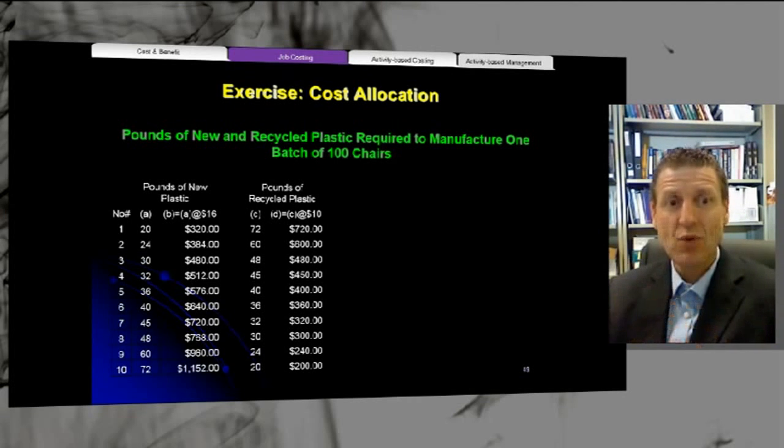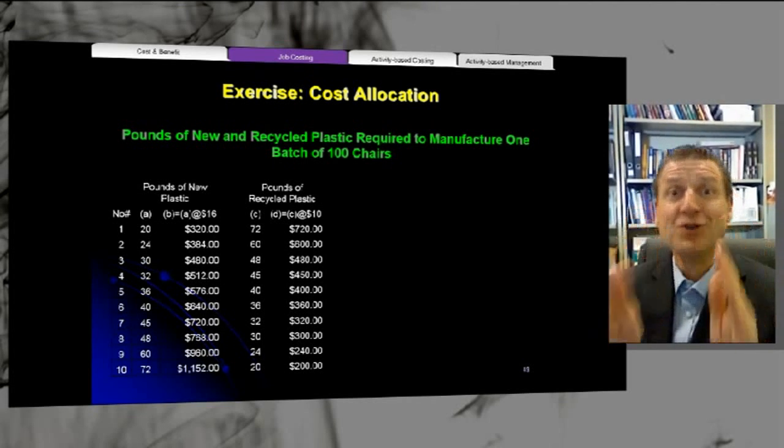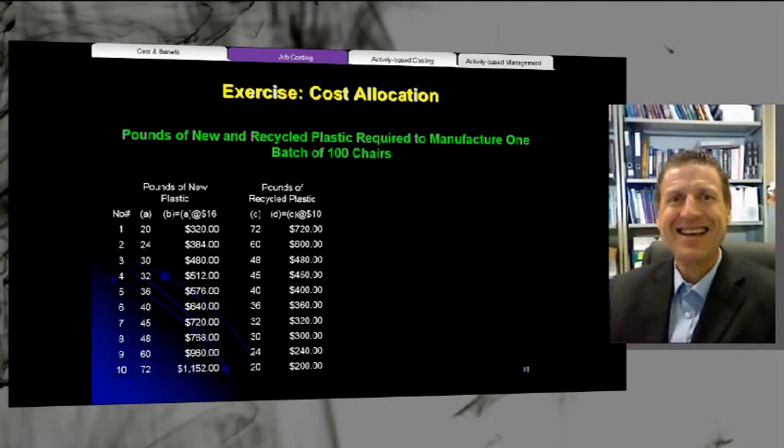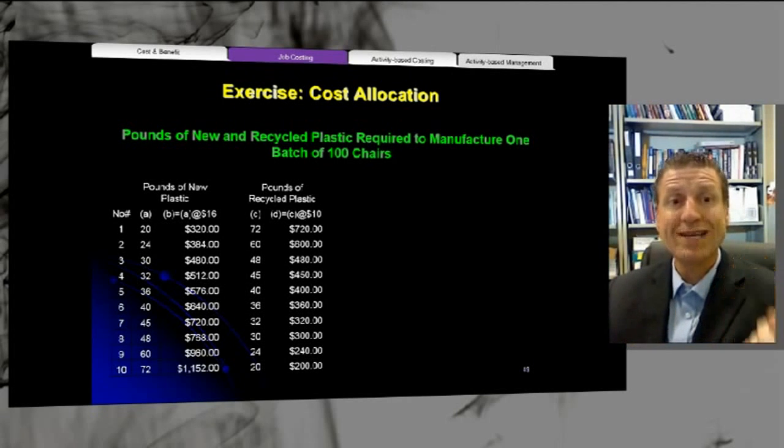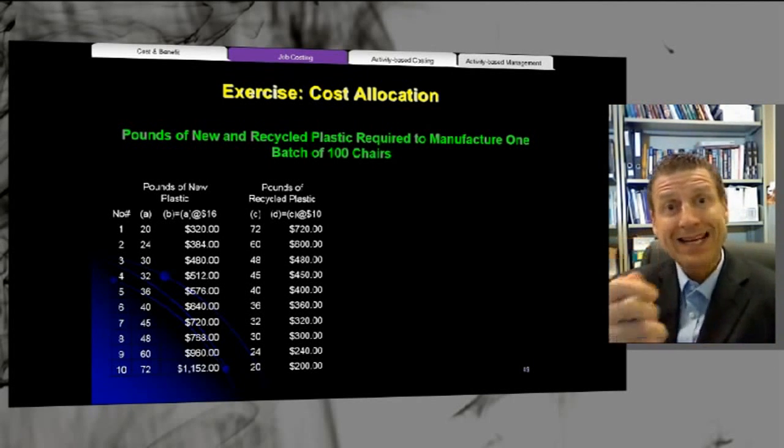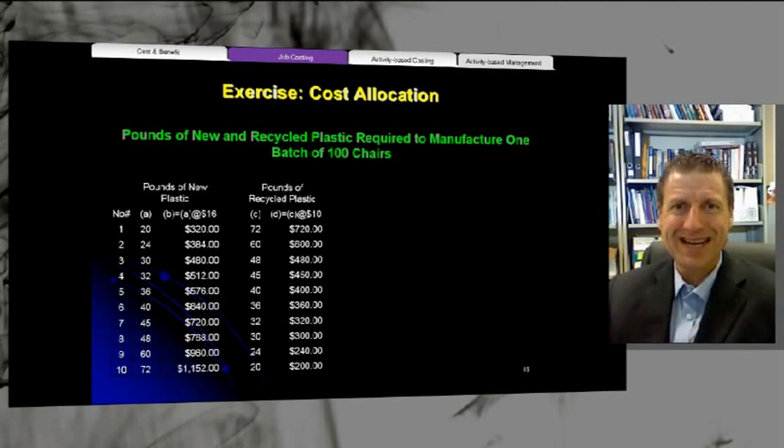For example, we have 10 different combinations of new and recycled plastic. As you can see, we start at the top one. We have a combination that requires 20 pounds of new plastic and 72 pounds of recycled plastic, where we go all the way down to combination 10 that has 72 pounds of new plastic and 20 pounds of recycled plastic.